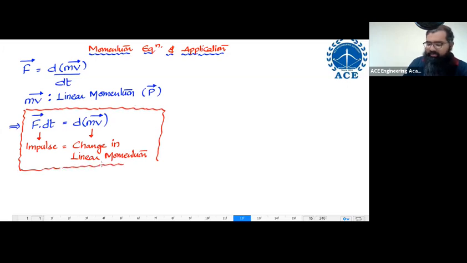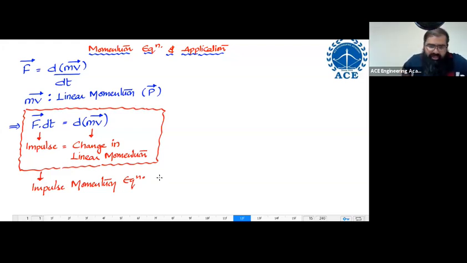And from this impulse momentum equation, you get something known as the law of conservation of momentum. All these things are a part of your mechanics.